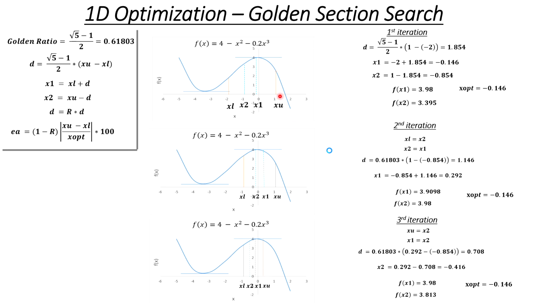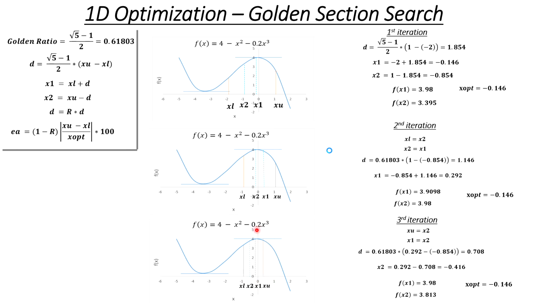But nonetheless, as we are doing this, we are zeroing in and closing in the section more and more. As you can see here, we started at -2 to 1, then we reduced it to -0.854 and 1, and now it's -0.854 and 0.292.